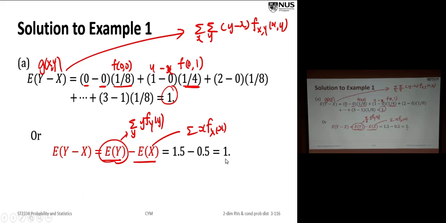This may be easier if you have already worked out the marginals of x and y. In other words, you can either treat this as a function of x and y and work with the joint distribution, or you can treat it using the marginal distributions.